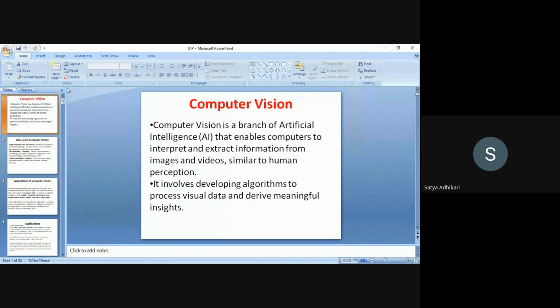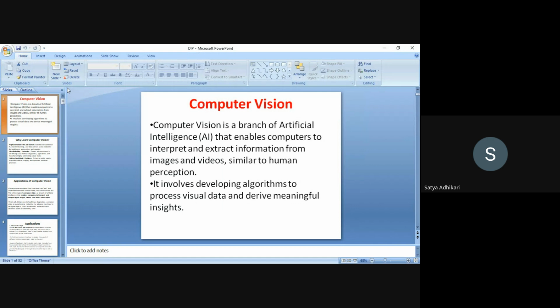What is machine vision? It is similar to human perception. It involves developing algorithms to process visual data and derive meaningful insights. So we have specific algorithms and procedures to get meaningful information by viewing the data.